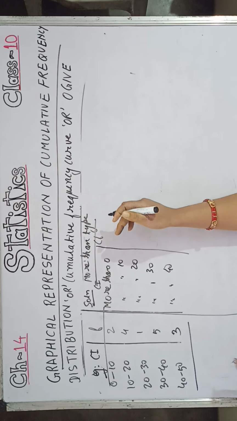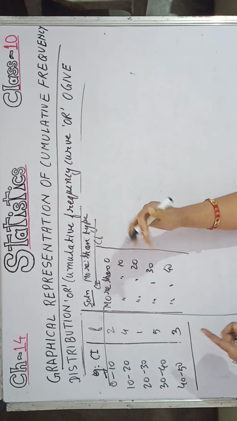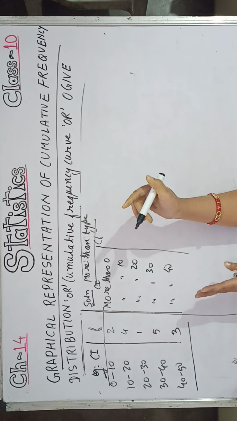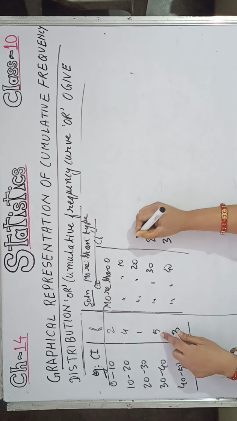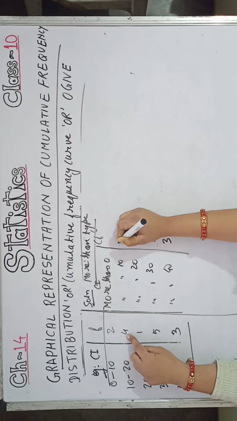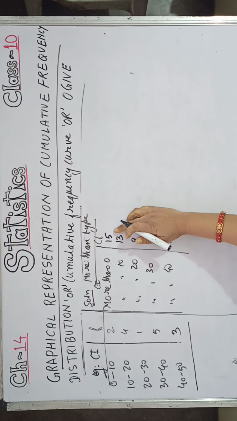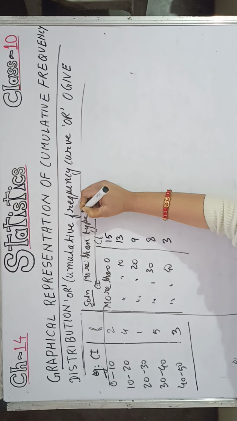But if you don't understand that trick, then you can also start from more than 0. More than 0, obviously all will be there, and more than 40, obviously fewer will be there. So in that way also you can understand. So over here 3, 8, 9 and 4 is 13 and 2 is 15. So obviously more than 0 is 15 and more than 40 is 3.